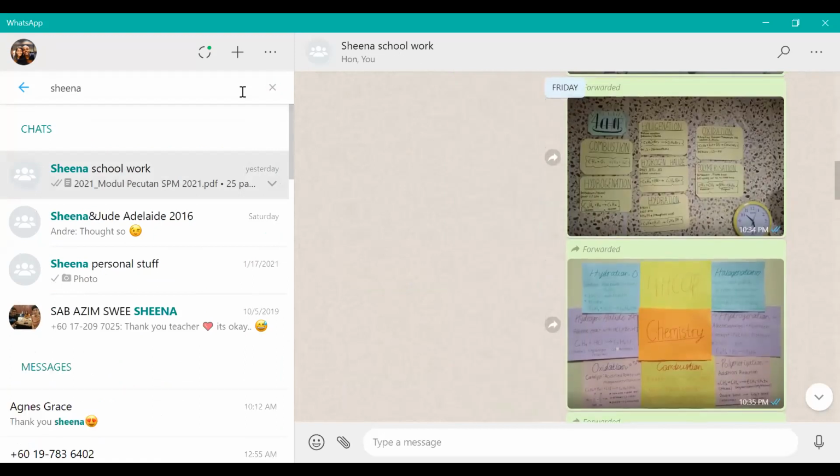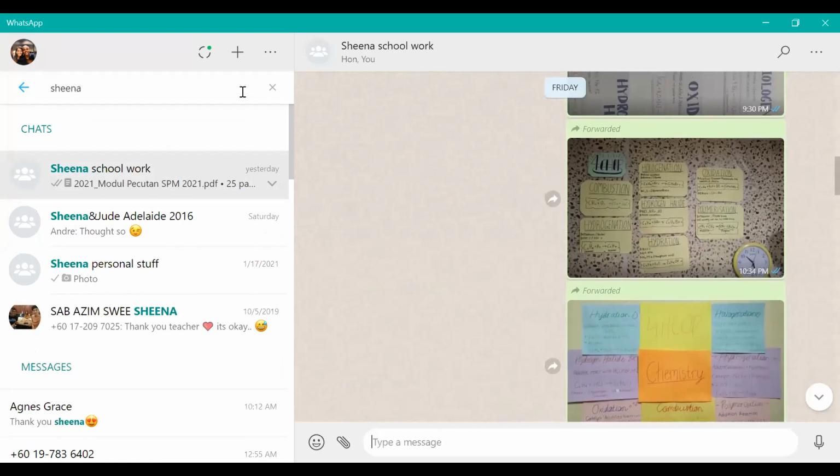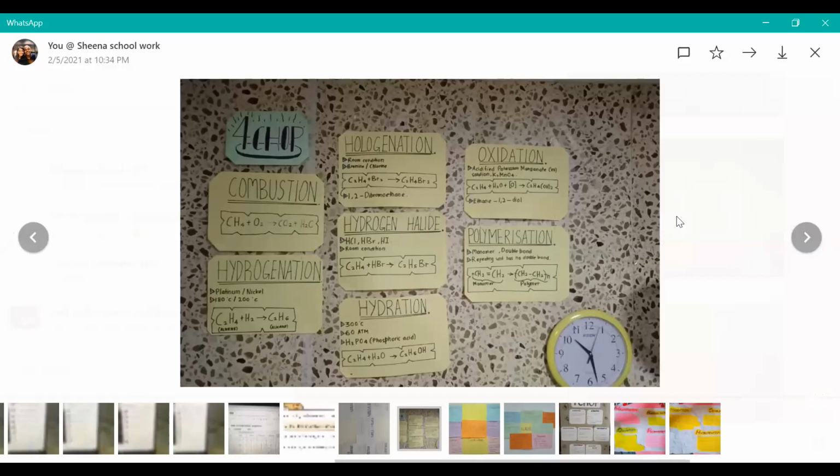What they did is for each of the ones I told them. Actually, I also made a mistake. I told them 4 chop instead of 4 HCOP, so they also went and wrote 4 chop, 4 chop. But I'm reminding y'all, it is 4 HCOP. So I want y'all not to follow their way. You go and do your own method.